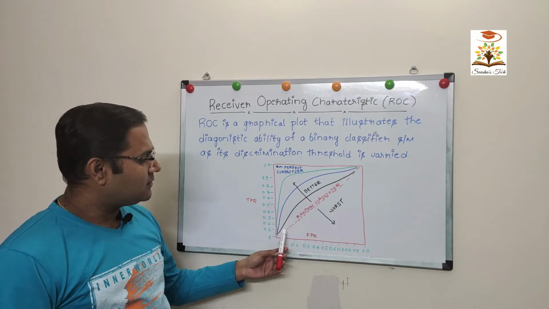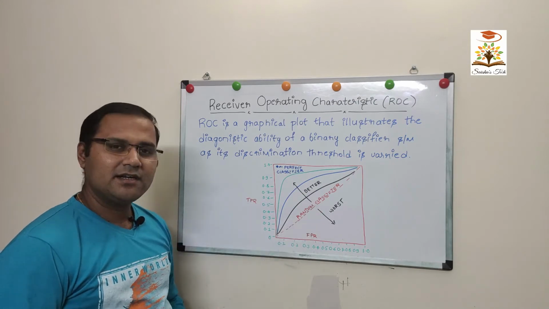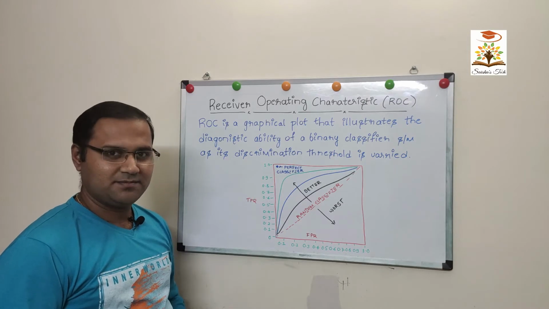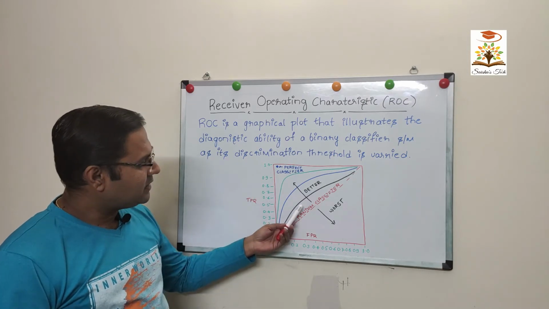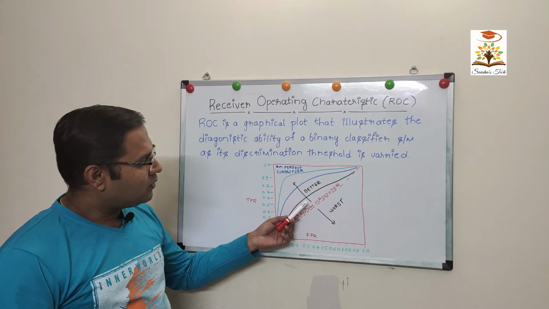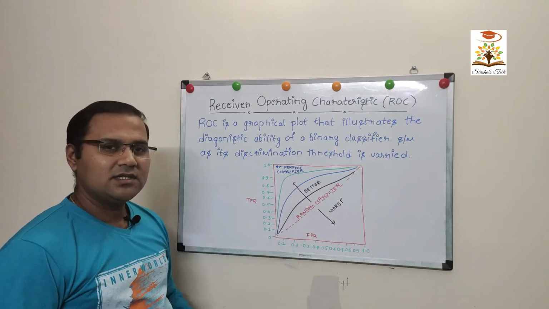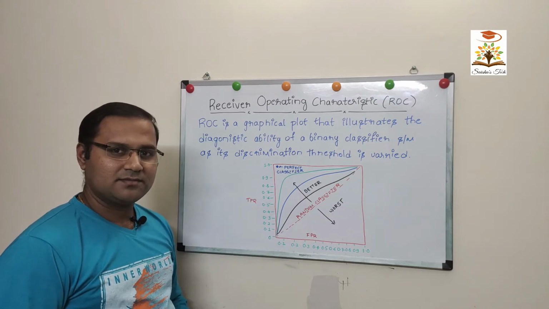The ROC curves which are below the random classifier are the worst models and should not be used for prediction. As we tend to go far away from the random classifier, those models are the better models.